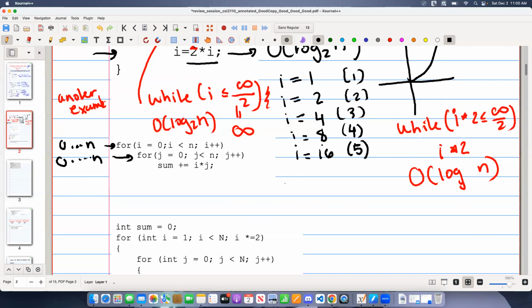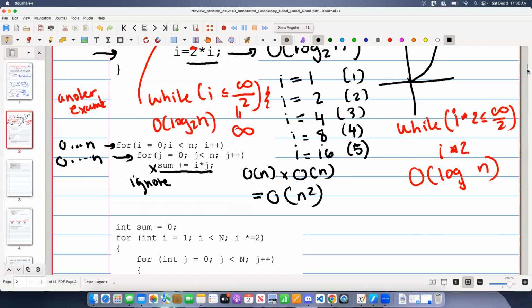The sum is equal to I plus j. Sum does not affect the loop, therefore we can just ignore it. So this would be O of n, from the first loop, times O of n, from the second loop, which is equal to O of n squared. Perfect. Moving on.